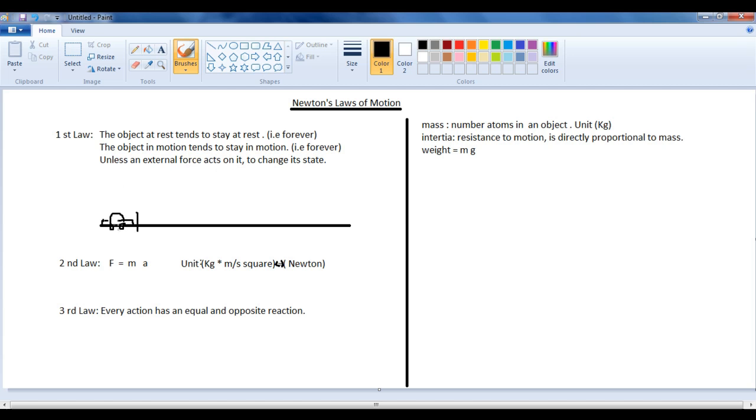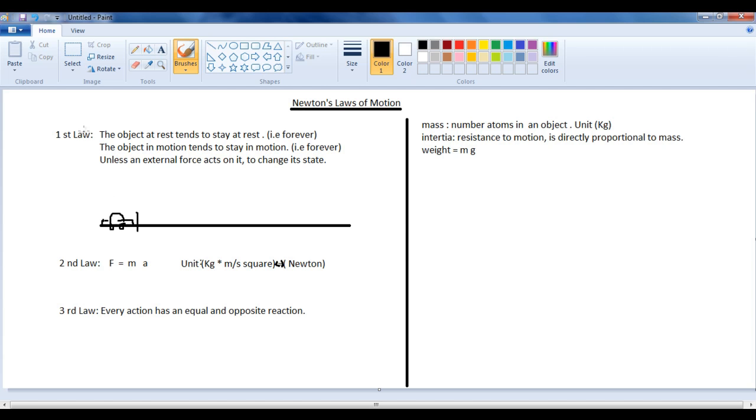That is what Newton says. That means if you come after 10 years, or even 1000 years, if nobody moves this car somewhere else and no external force acts on it, the car will always stay in that parking lot. Understanding? Any object in space or in this world, if it is not acted on by an external force, will stay in the same state as it is.